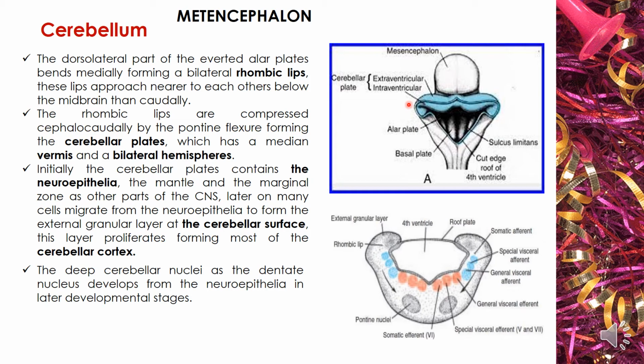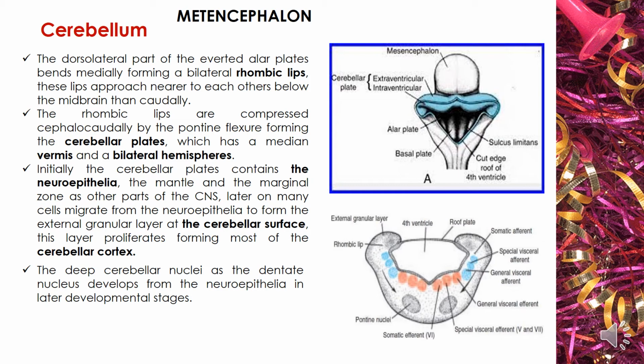Initially, the cerebellar plate contains the neuroepithelial, mantle and marginal zones, as in other parts of the CNS. Later on, many cells migrate from the neuroepithelium to form the external granular layer at the cerebellar surface.